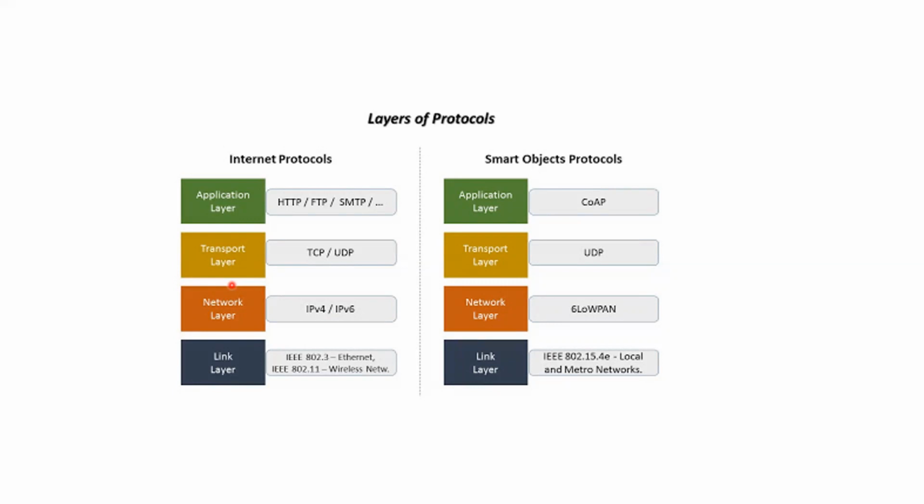All these things are managed by your transport layer. Basically, two types of protocols are used here: one is TCP and another is UDP. All of you know TCP and UDP.